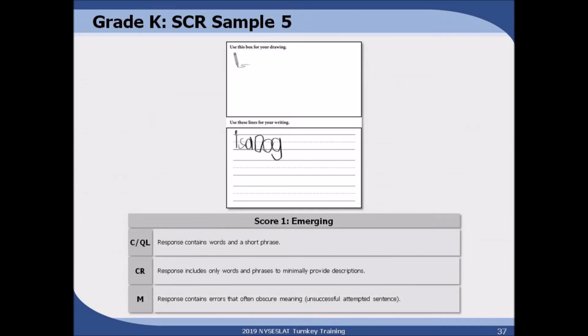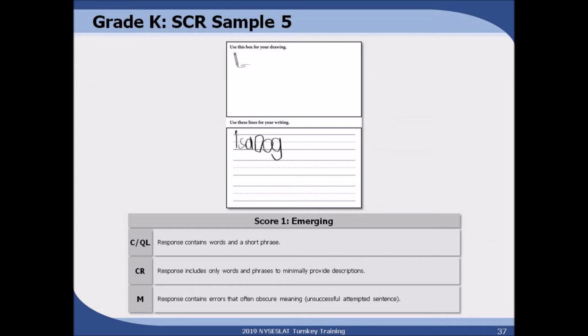Sample 5 is scored a 1, emerging. This response contains words and a short phrase, "is a dog." This is at the emerging level for complexity quality of language. A response would need at least a simple sentence to be at the transitioning level. It is okay that this response does not include a drawing.